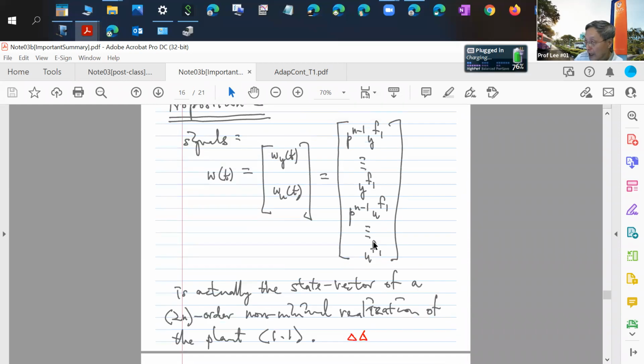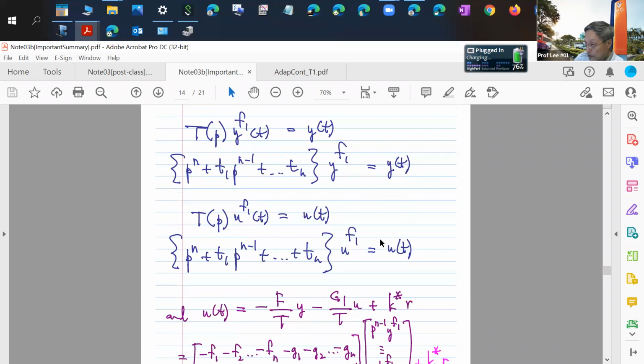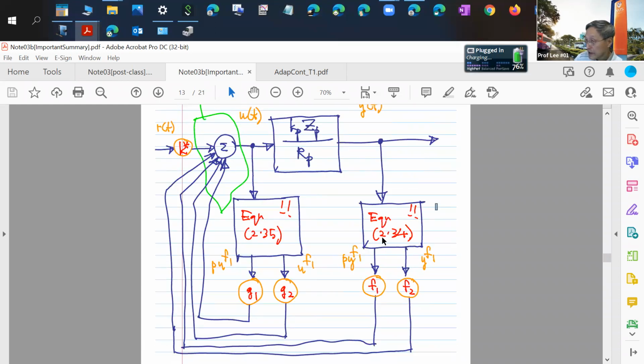Remember that these two results that I've just mentioned are valid for a given n order system. When you set it up in this way, for a given n order system, those two results are valid.